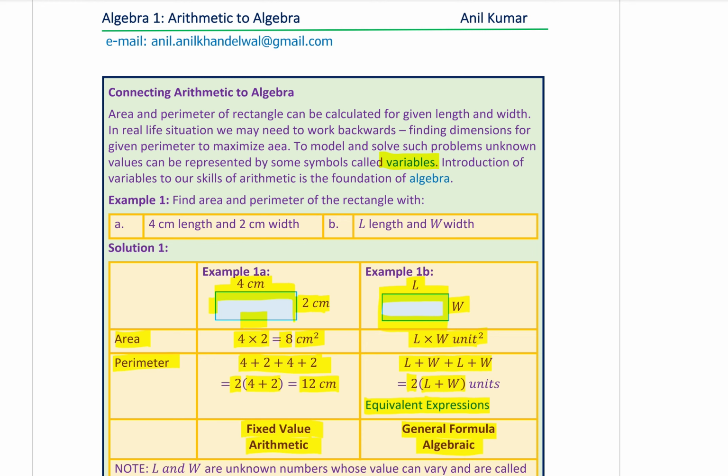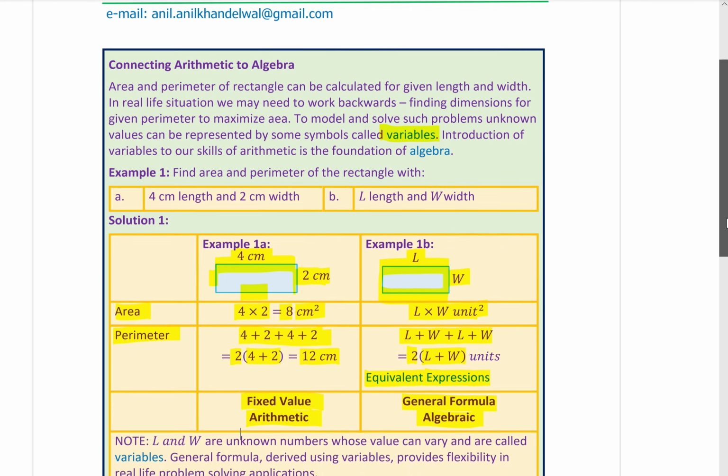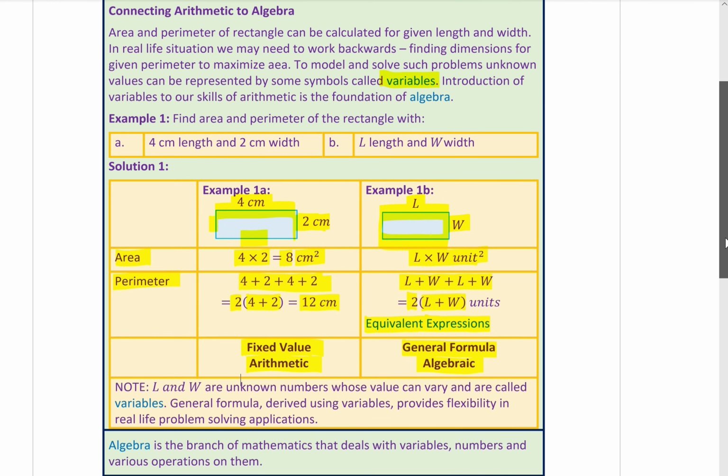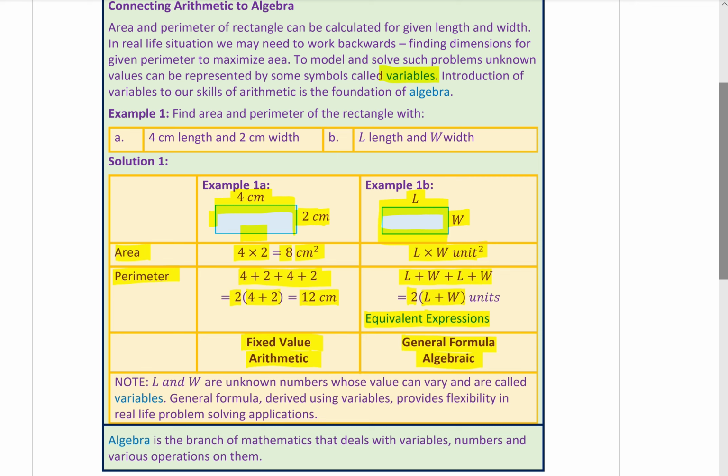I hope that is absolutely clear, right? So let me summarize what we learned about the variable. What do we notice here? We notice that length and width are unknown numbers whose value can vary, and they are called variables. A general formula derived using variables provides flexibility in real life problem solving applications.